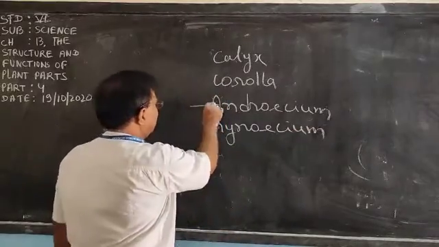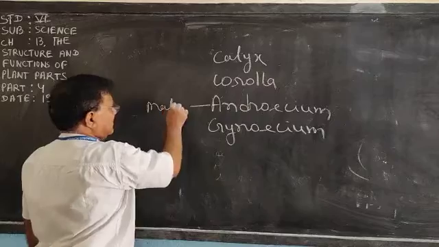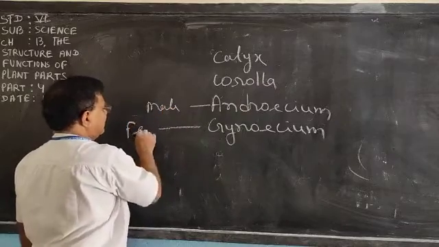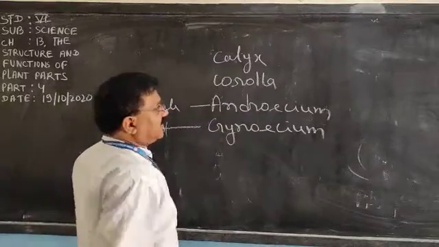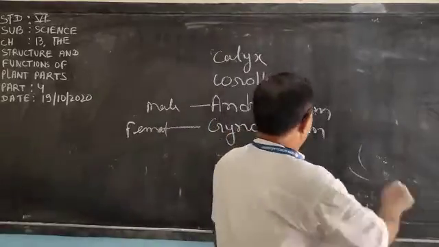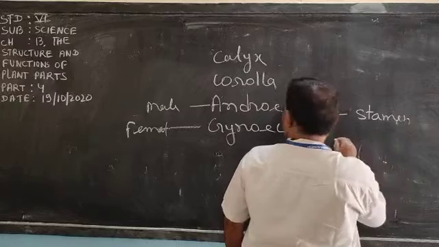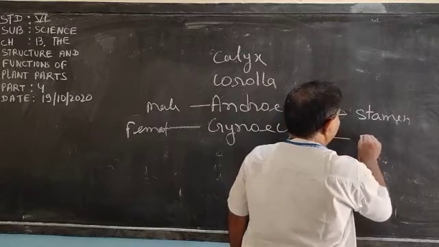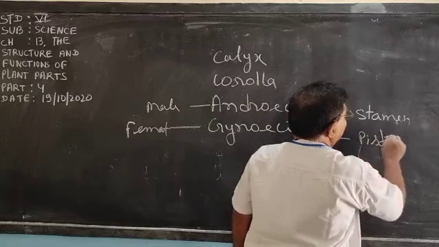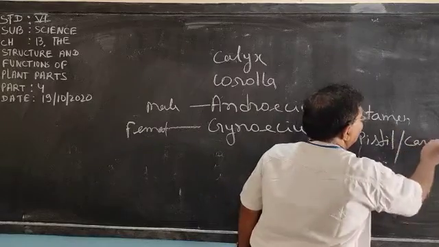Androecium is the male part and gynoecium is the female part. One unit of androecium is called a stamen, and one unit of gynoecium is called a pistil or carpel.